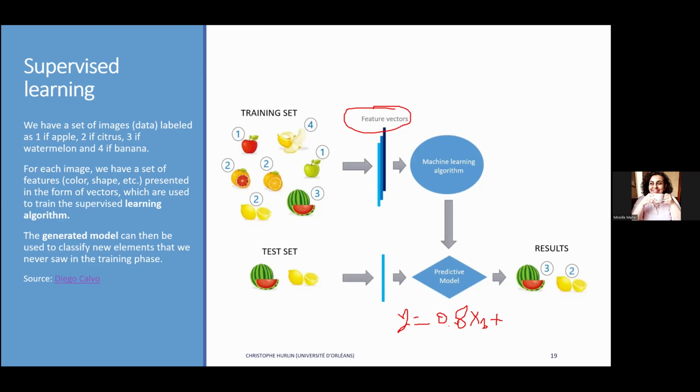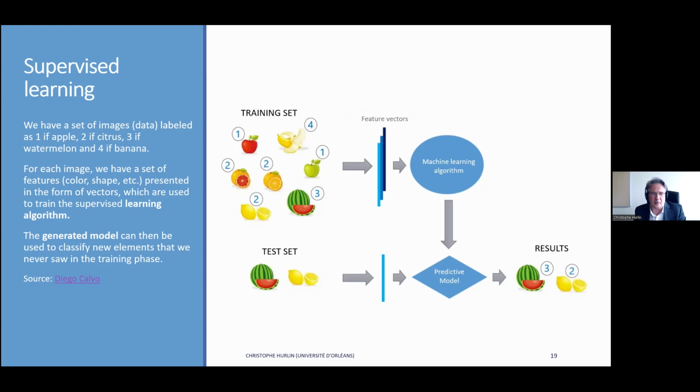This is a second difference with econometrics. First difference: in econometrics, you specify your model. You say, okay, I will use among the features the color, I will use the weight, but I will not use the shape. The first difference with machine learning is that the algorithm will select by itself the different features that you will incorporate in the model.